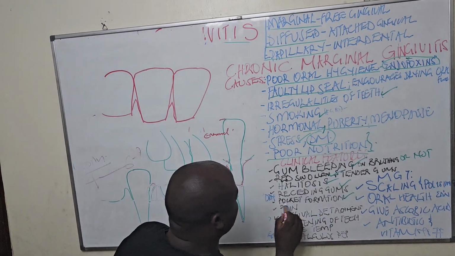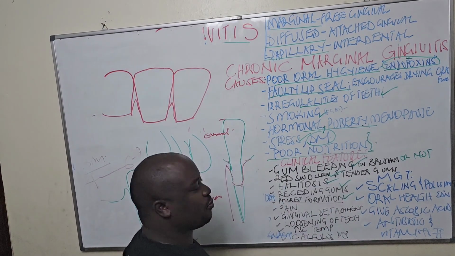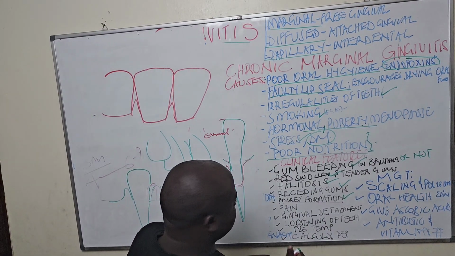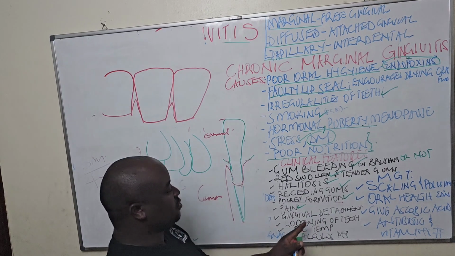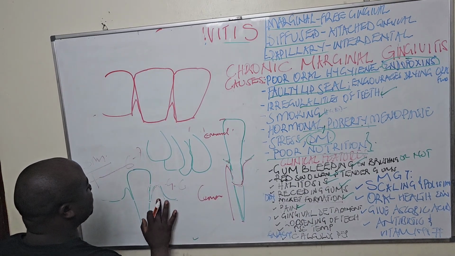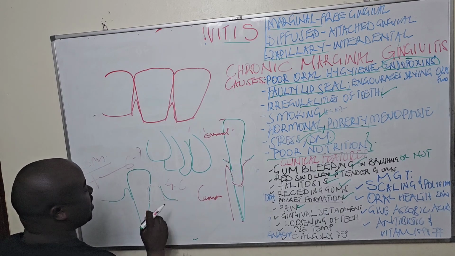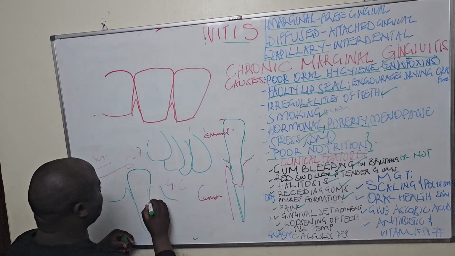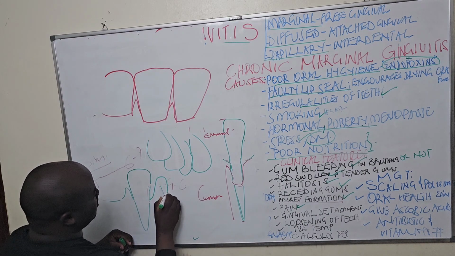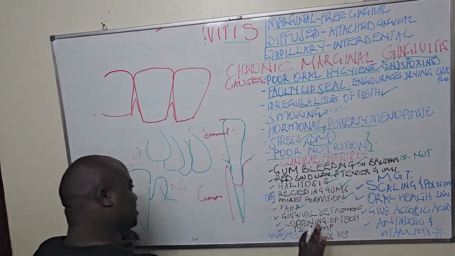So that is what we call what? Periodontal pocket. Because of that, we shall have pain, and because of the same thing, when it is detached from the tooth, it is no longer making a collar of the tooth, the gingiva, it now becomes what? Gingival detachment.